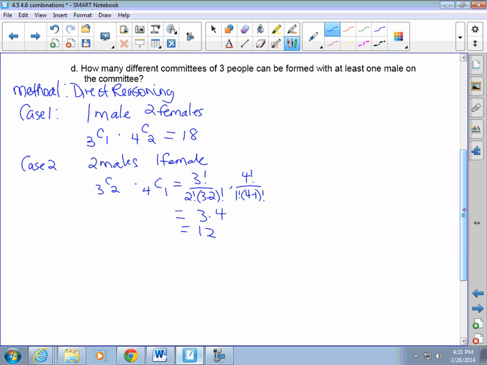My case 3 then is that I would have 3 males and 0 females. So in that case then I would have 3 choose 3 times 4 choose 0.